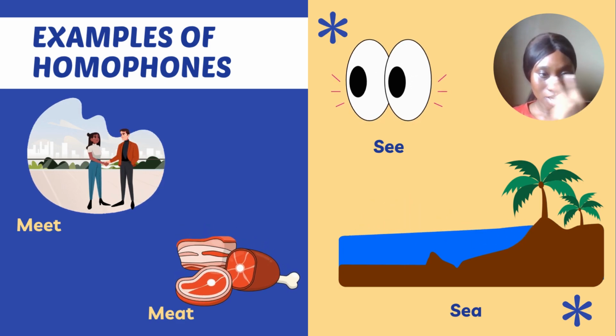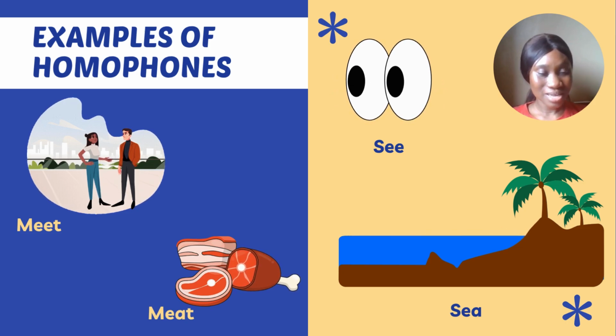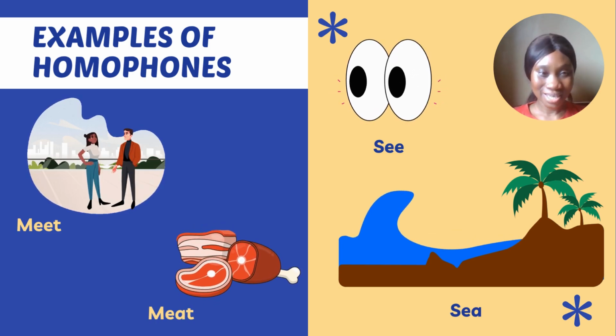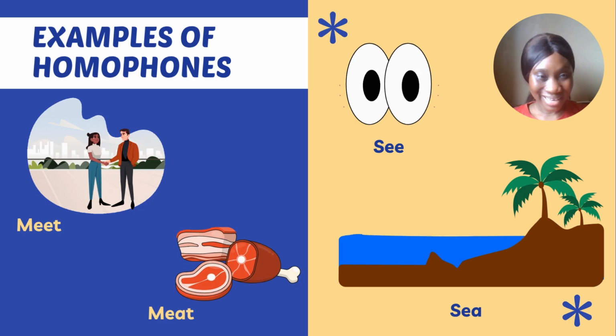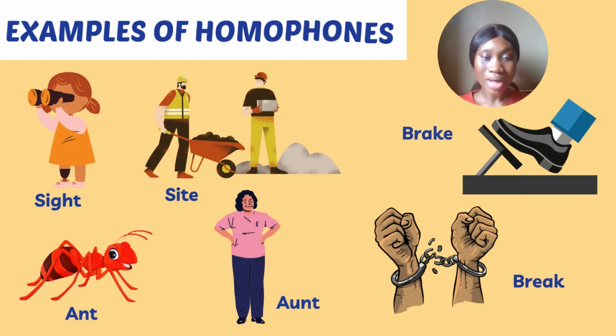Next, we have see. I see you. And then we have sea. I love the sea. I love the smell of the sea. So you can see the different spelling, but they sound the same. Let's look at a few more. I have sight and site. Sight means when you quickly catch a glimpse of something. Oh, I sight something over there.